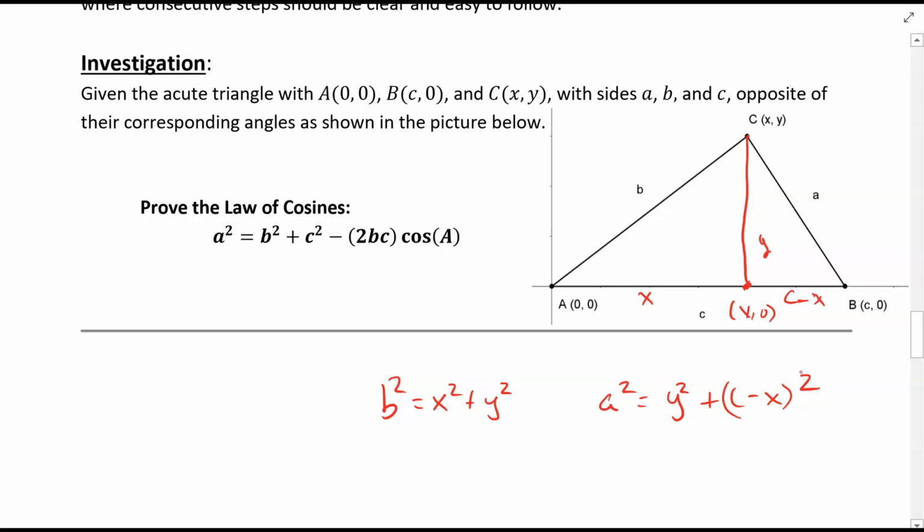So we should have this, right? When you applied the Pythagorean theorem to each of your two triangles. Everybody okay there?